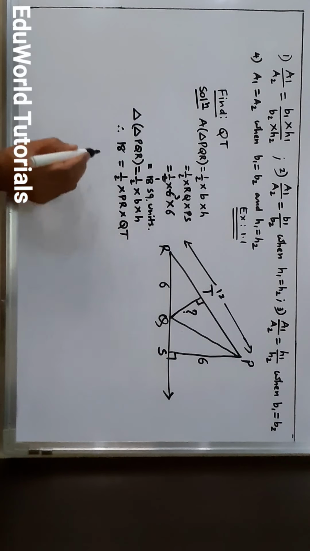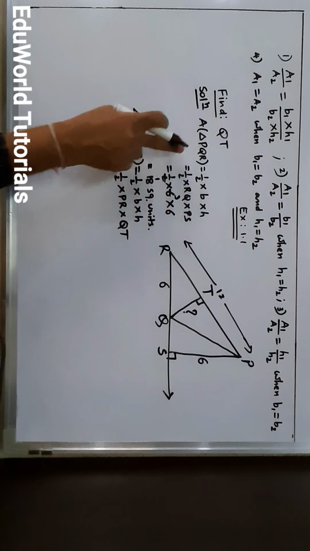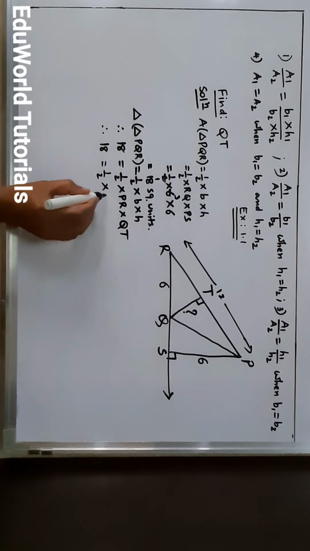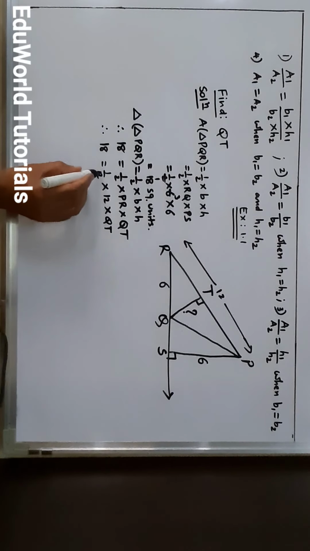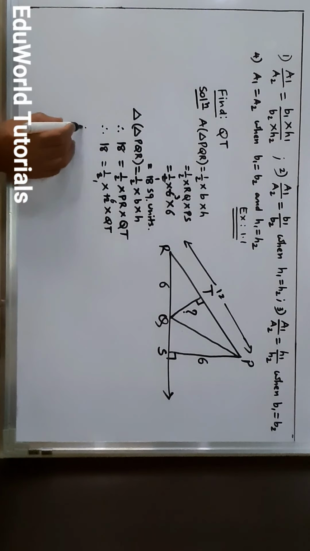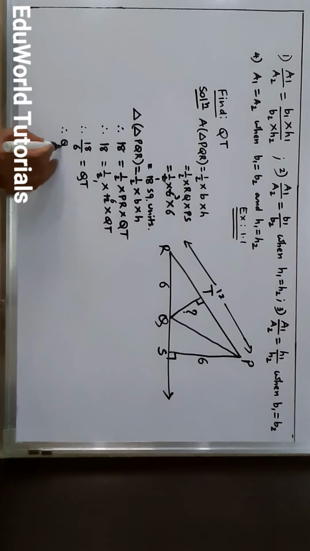Now substituting the value of area, 18, because we got it in the first step: 18 is equal to half into PR, which is given to be 12, into QT. So we can cut this, 2 6s are 12. Now 6 will shift to this side. 18 divided by 6 is equal to QT. Therefore QT is equal to 3. Okay, this is our solution.